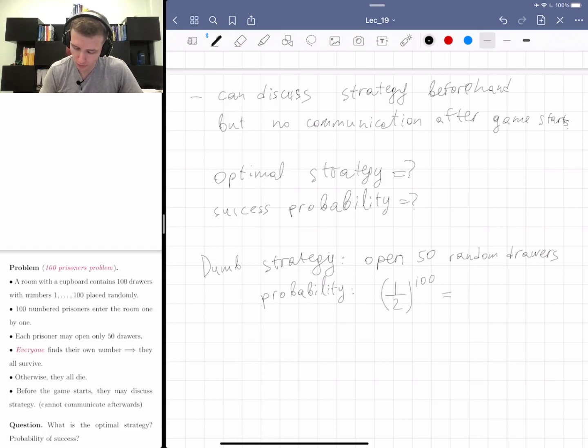As you know, 2 to the 10 is bigger than 10 to the third, so this is less than 10 to the negative 30, so that's very small.